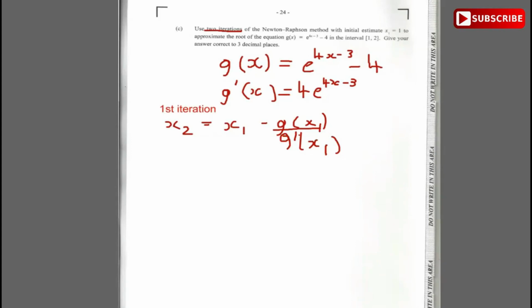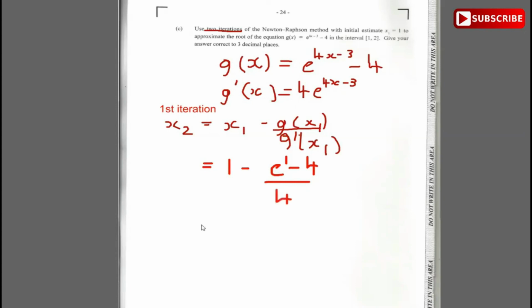So let's go ahead and work this out. Using the first iteration, x1 is 1. So it's 1 minus g of x1. G of x1 is, put in 1 right here: 4 times 1 is 4, 4 minus 3 is 1. So that's e to the 1 minus 4, over g prime of x1. Put in x as 1, you get 4 minus 3 is 1, and so that's 4 times e to the 1, so 4e.